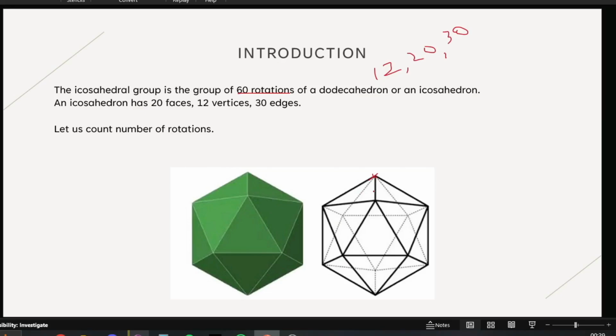If we take the top point x, we have 2 pi by 5 rotations. If we consider this position to be the identity, then the next positions will be 2 pi by 5, 4 pi by 5, 6 pi by 5, and 8 pi by 5. So 2 pi by 5 is the minimum rotation for vertices.